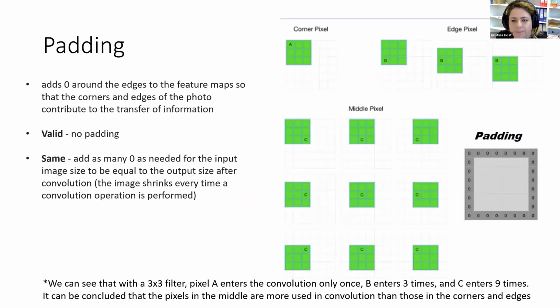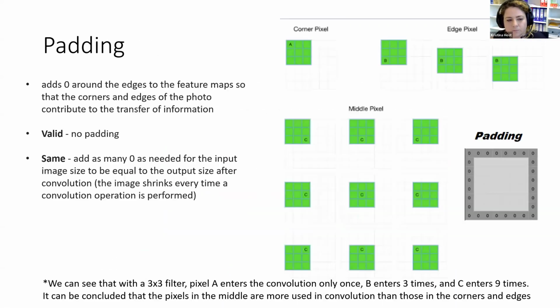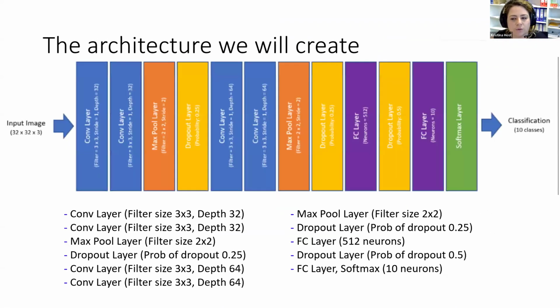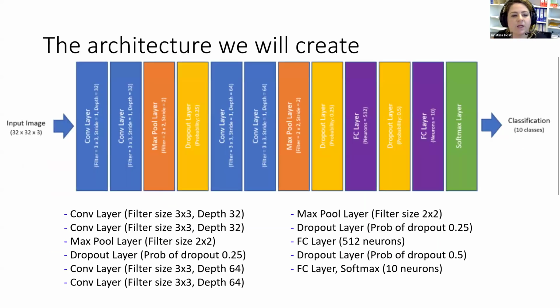So for example, in this part, you start from here, and the stride is how many pixels you will move forward with the filter to find new features. Okay, so these are the basic terms that we need to know to create a convolutional neural network.